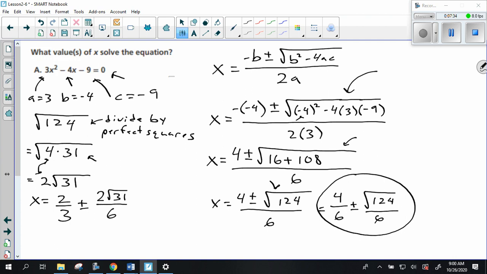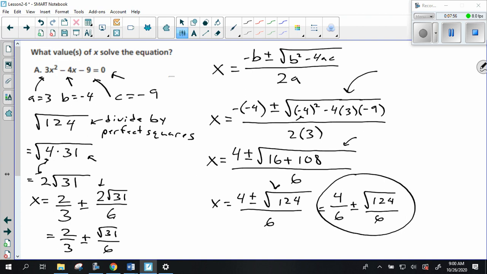And I can still simplify it one more time, because this 2 and this 6 are both divisible by 2. If I divide them both by 2, then I get 1/3. So we can write this as the square root of 31 over 6.